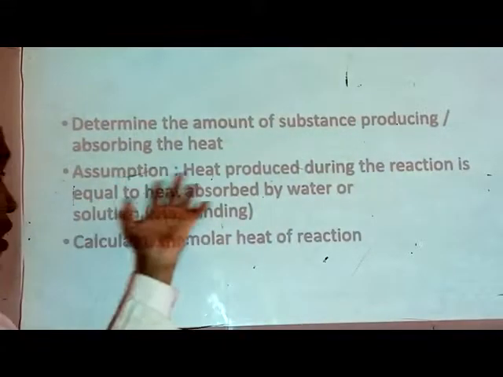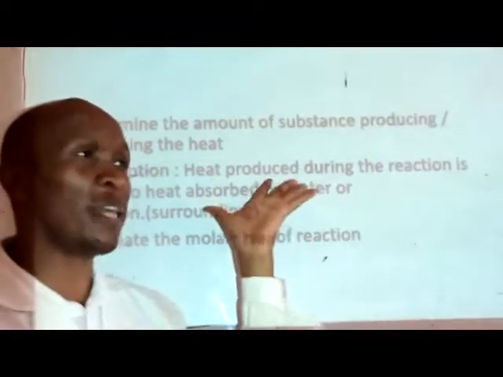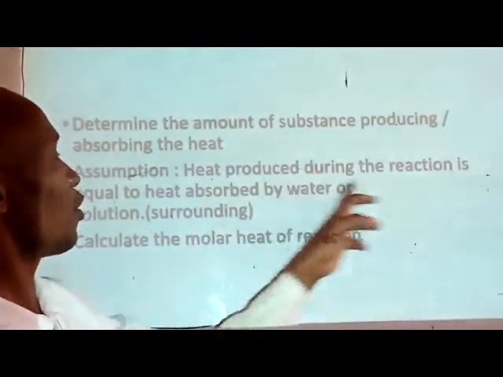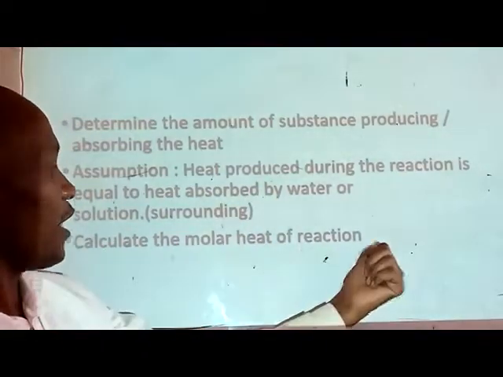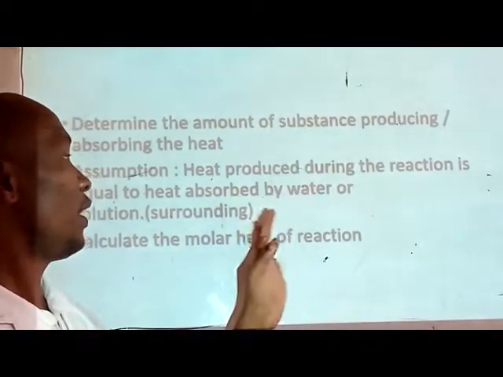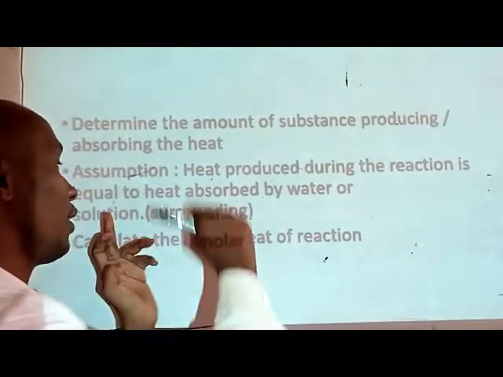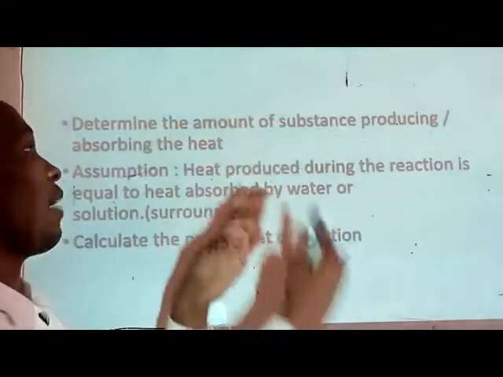Of course, the assumption is that the amount of heat absorbed by the surrounding is equal to the amount of heat produced by the reactive substance. Then from this amount you can work out the moles, and then get to the molar enthalpy.